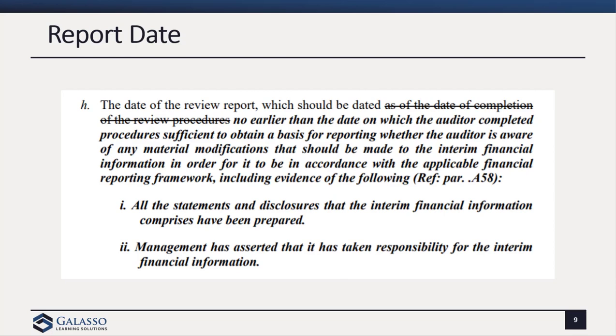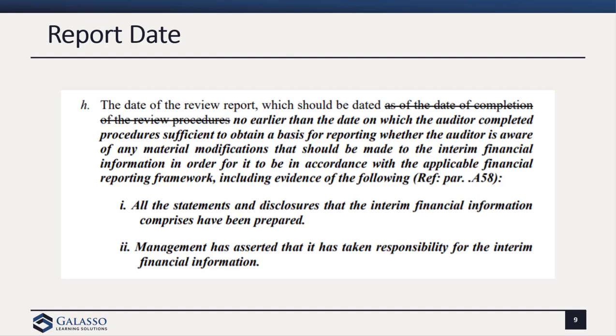They do change the report date here, and this is pretty interesting because this dating convention is now more consistent with AR-C section 90, which is the review of financial statements, as opposed to AU-C section 700, which is based on sufficient appropriate evidence.